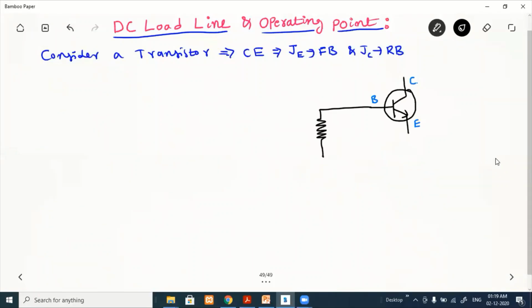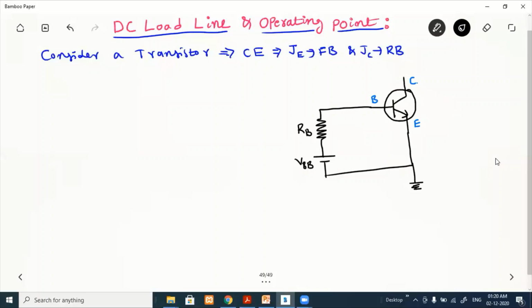That power supply we can call VBB. This is the common terminal, the emitter terminal, that should be grounded. So this base emitter junction is forward biased with this VBB through a current limiting resistor called RB.